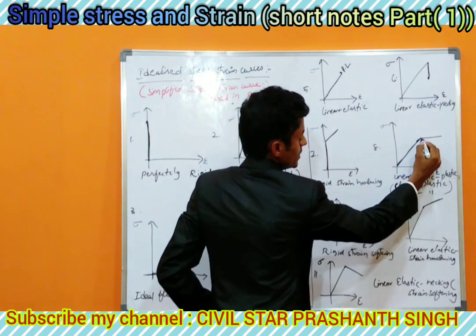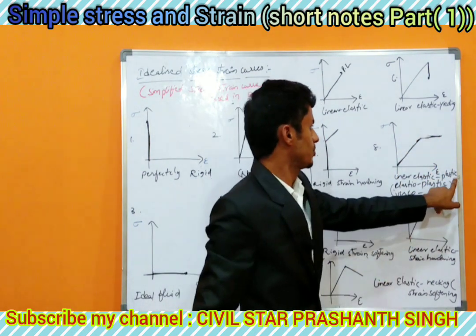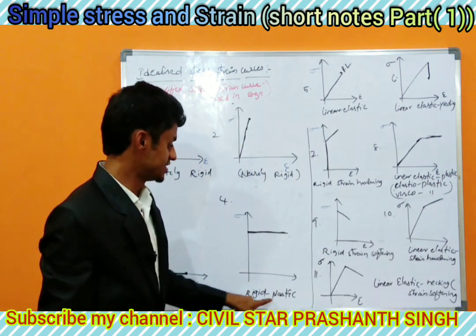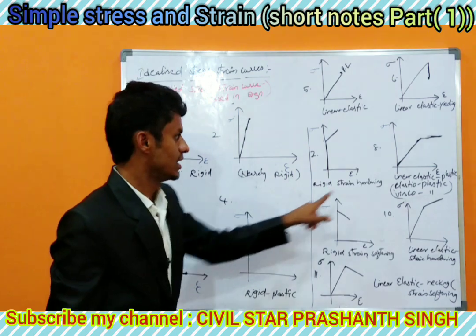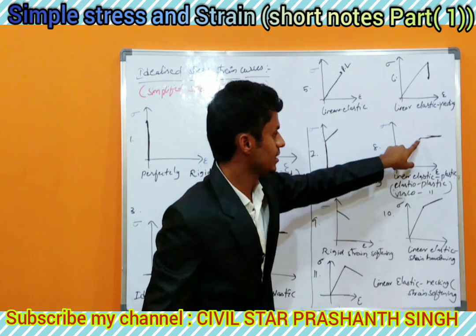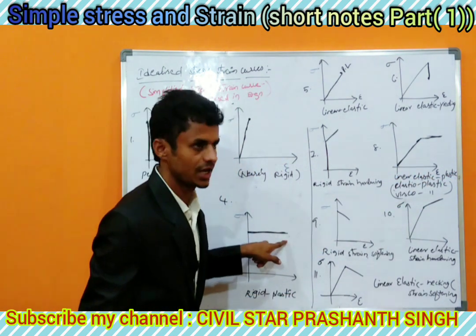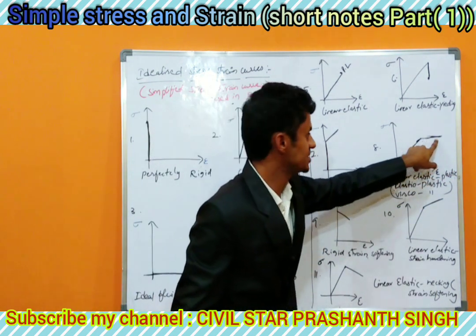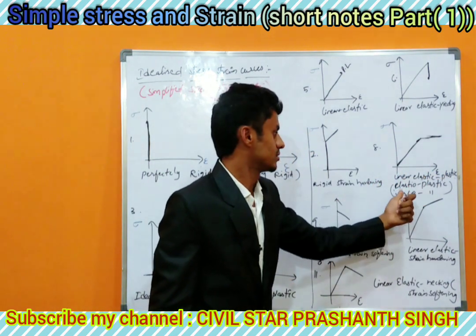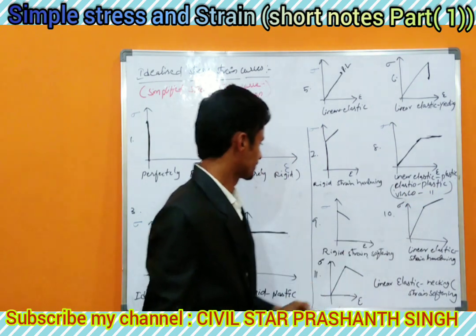From here we get a straight line, as for rigid plastic. For the linear elastic it is linear up to here; for the plastic it is a straight line from here. Linear elastic plastic is also known as elastoplastic or viscoplastic.